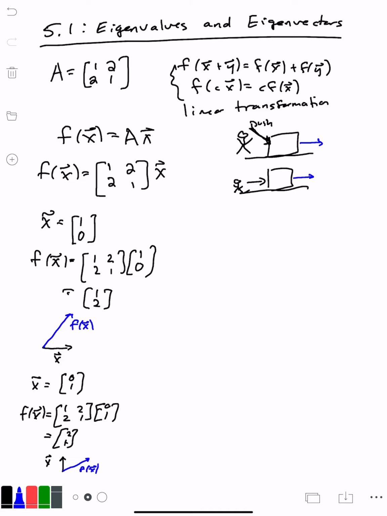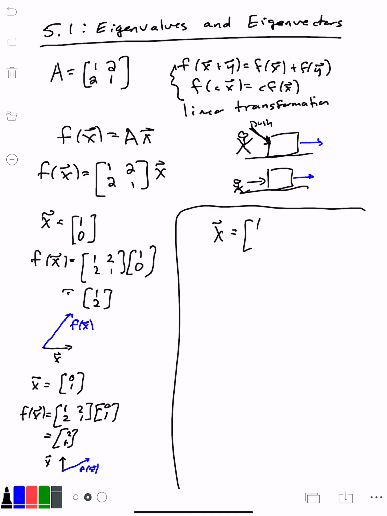And so what I want to do is now apply this to our matrix here. What happens if the direction I start out in is the (1, 1) direction? Then I would plug it in here, and I'd have [1, 2; 2, 1] times (1, 1). And what you're going to get is (3, 3).